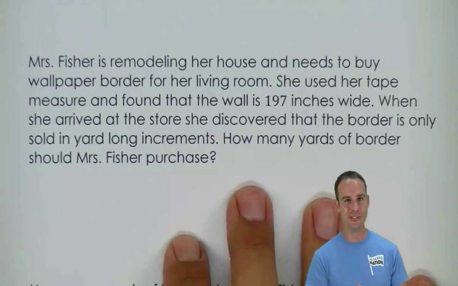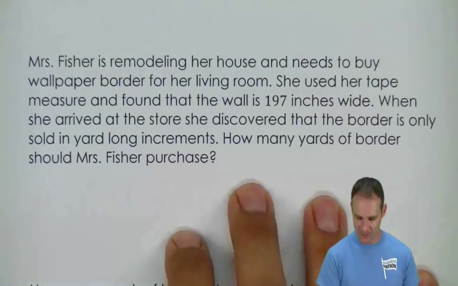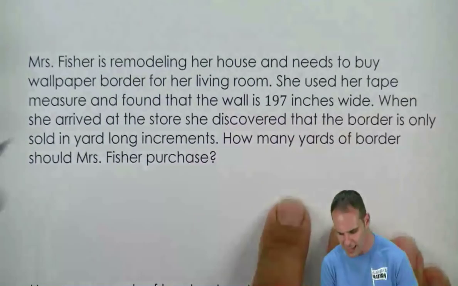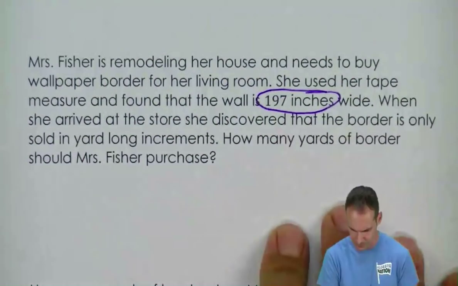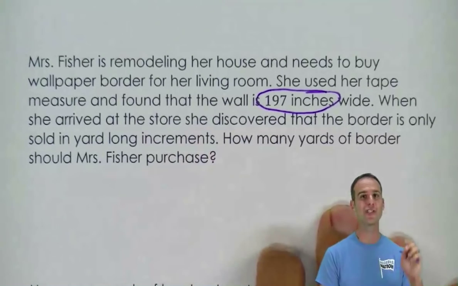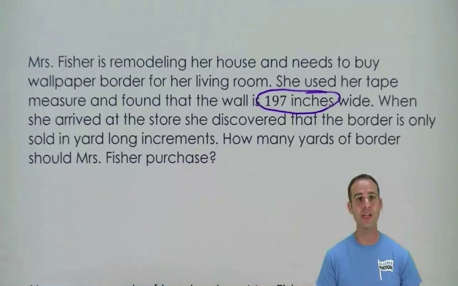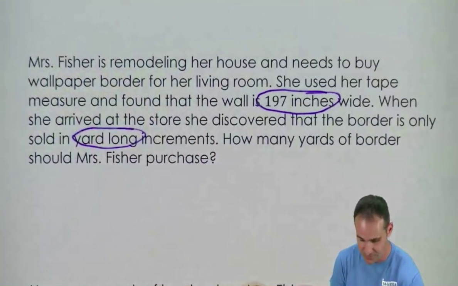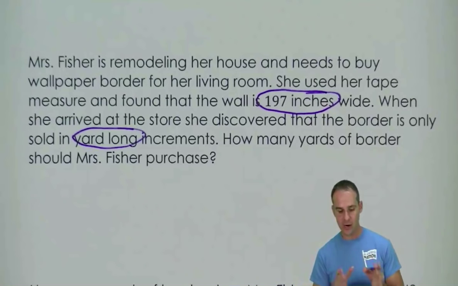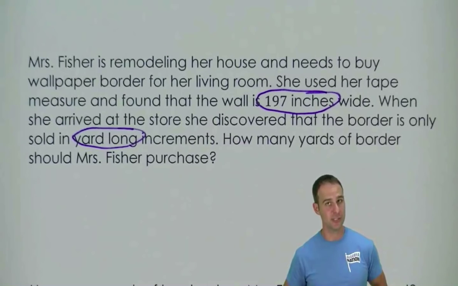She used her tape measure and found that the wall is 197 inches wide. So we're probably going to be using 197 inches somewhere in this question. When she arrived at the store, she discovered that the border is only sold in yard-long increments. So how many yards of border should she purchase?